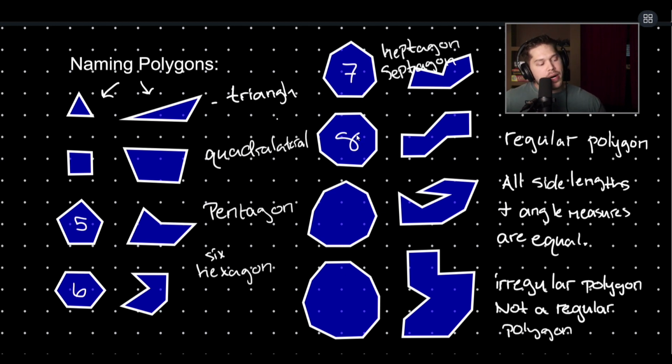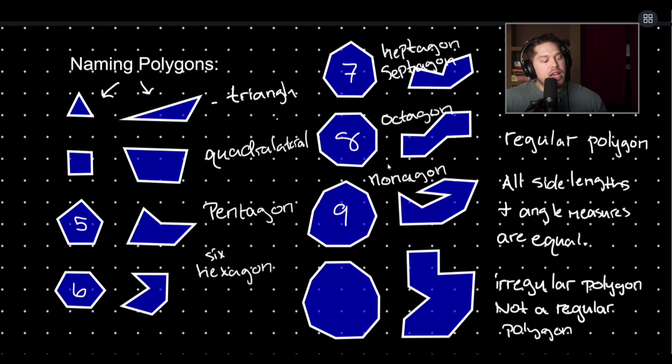Your 8-sided polygon or 8-angled polygon is your octagon. You can remember octagon by thinking of octopus. Octopus has 8 legs. Octagon has 8 angles or 8 sides. Next we have our nonagon. Our nonagon is our 9-angled polygon.